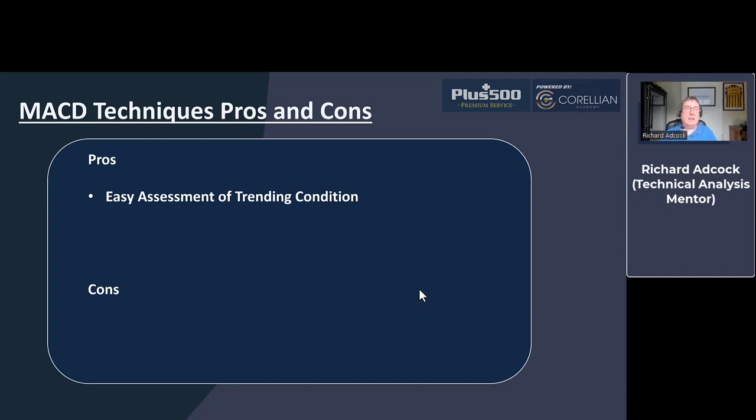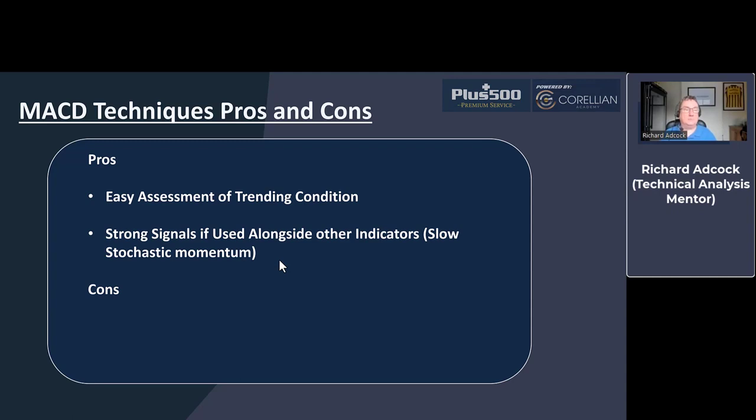Okay, so just in summary, the pros and cons of using the MACD: it gives us an easy assessment of the trending condition, whether it's an aggressive up or down trend or a consolidation within that trend.